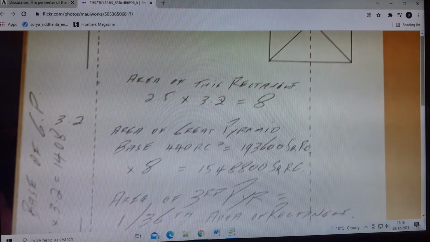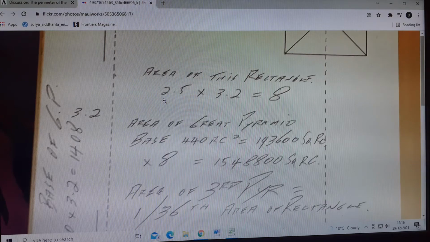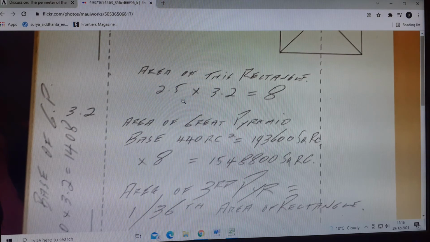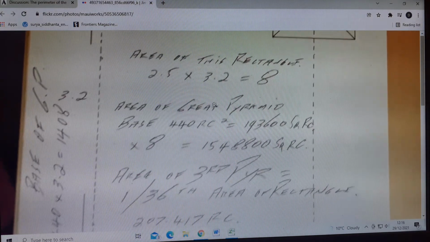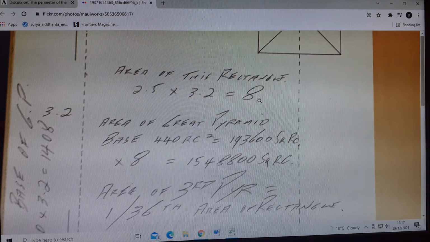And we're already looking at 32 here when we multiply the length of the sides of the rectangle, 2.5 times 3.2 equals 8. The whole thing, to me, seems to be stacking up perfectly. And what I really like about this is Jim's using cubits without actually telling us what the lengths of the cubits are until he finally works out the astronomical cycle of the moon at the end relating to the small pyramid.